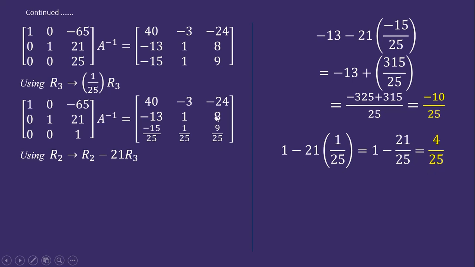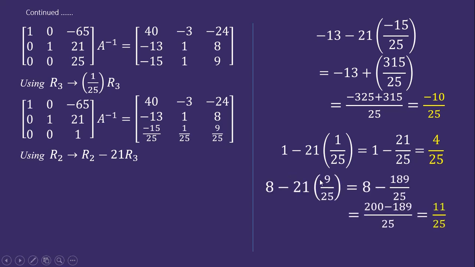And here 8 minus 21 into 9 by 25. So 8 minus 21 into 9, 189 upon 25. 25 into 8, 200 minus 189 upon common denominator 25. We get 11 upon 25. So now in place of 8, we get 11 upon 25.